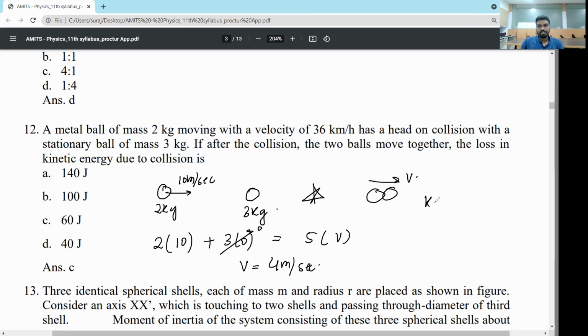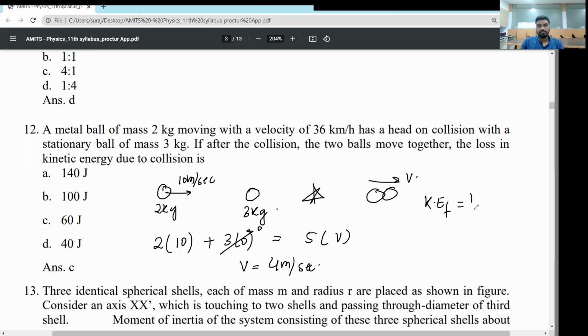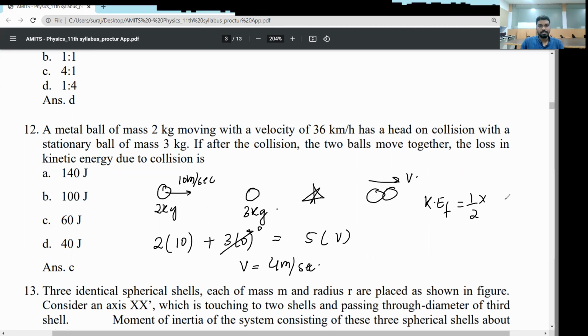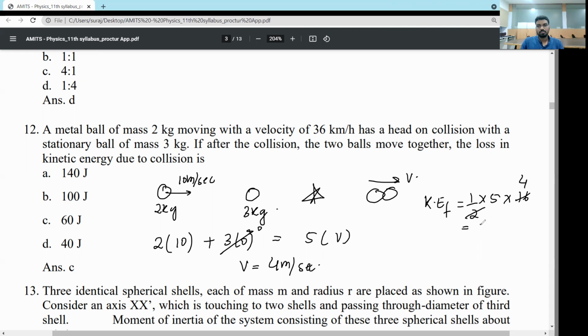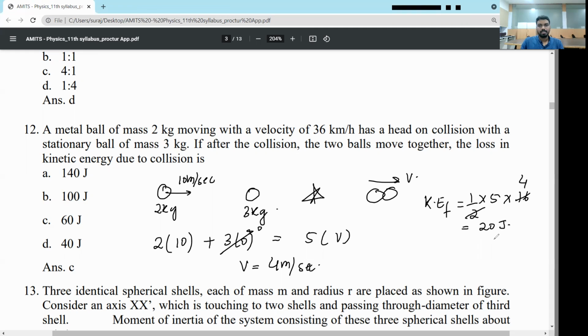So final kinetic energy will be half into 5 into v square, 16, which is 40 joules. Initial kinetic energy is half m v square, 10 square, 100.